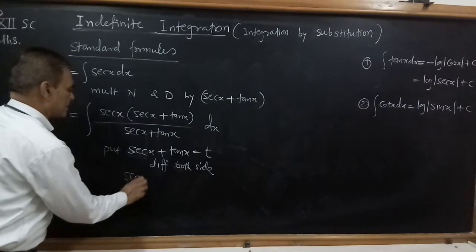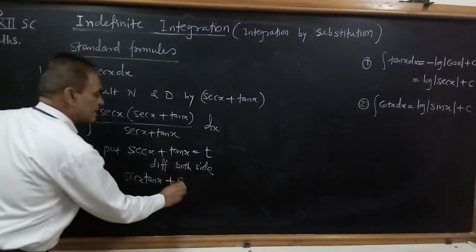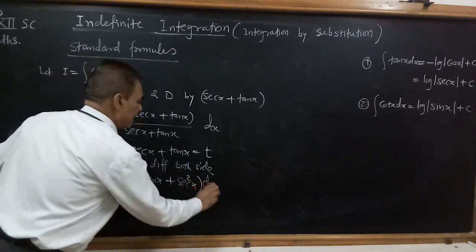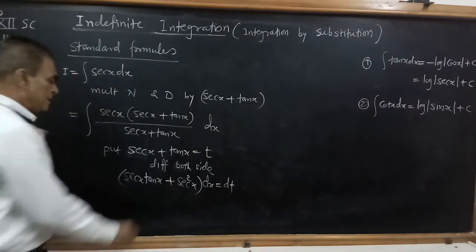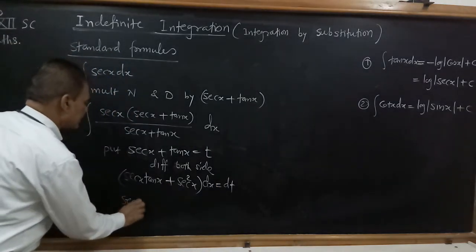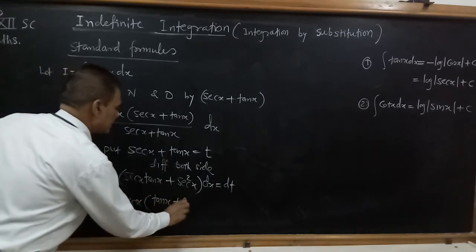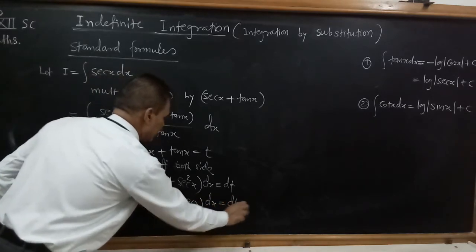Sec x tan x. And what is derivative of tan x? Sec square x into dx is equal to dt. Take common sec x, you will get sec x into bracket tan x plus sec x into dx is equal to dt.